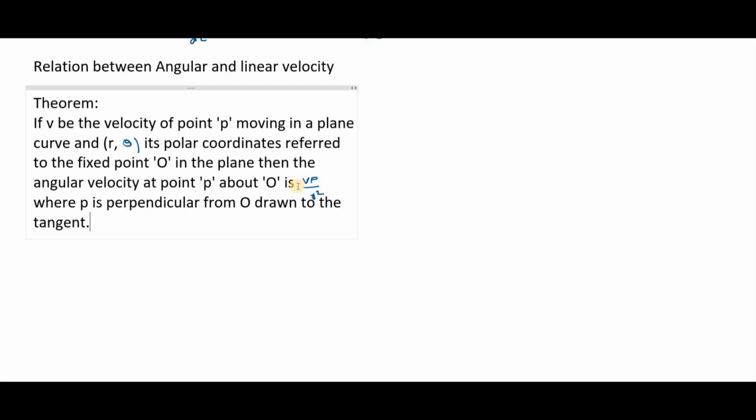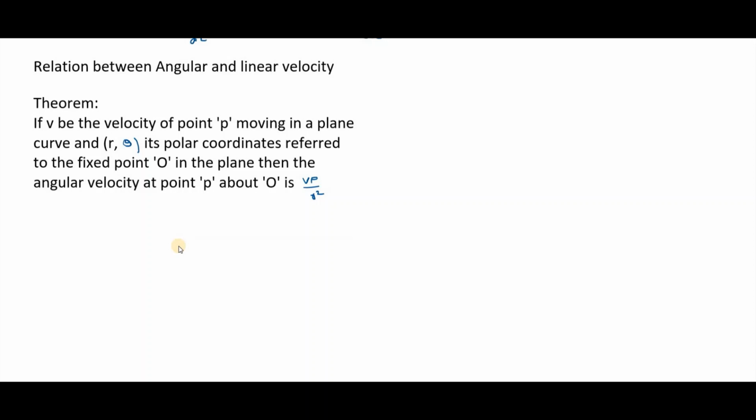So the given theorem is, if v be the velocity of point P moving in a plane curve and (r, theta) be its polar coordinates referred to the fixed point O in the plane, then the angular velocity at point P about O is Vp divided by r square, where p is the perpendicular from O drawn to the tangent. First I will draw a figure.